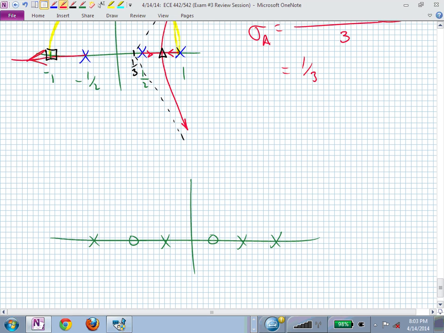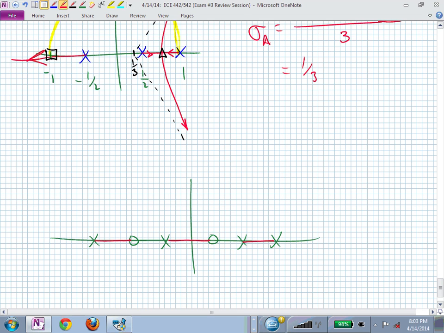Do you know what real axis segments are on the root locus? Let me see if I can put these in. Is that okay? How many root locus branches do I have?